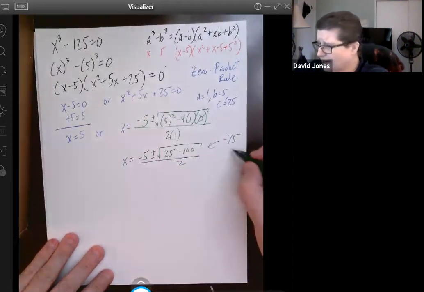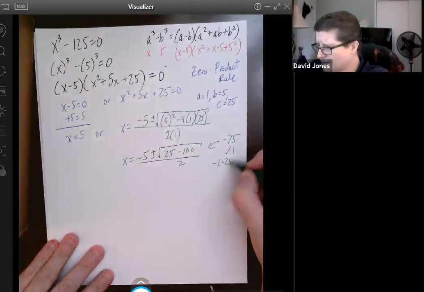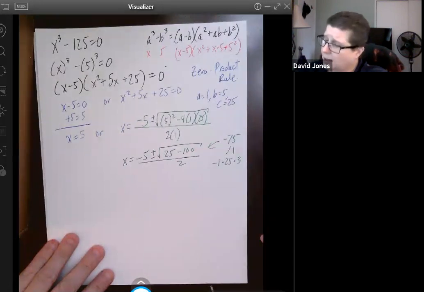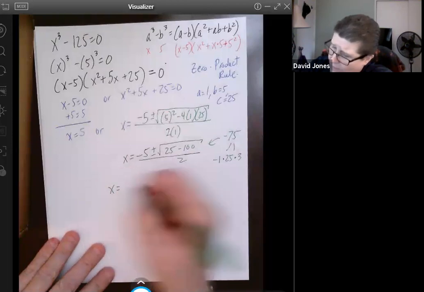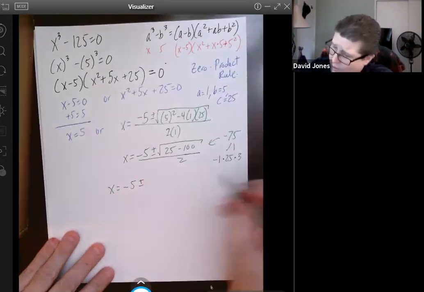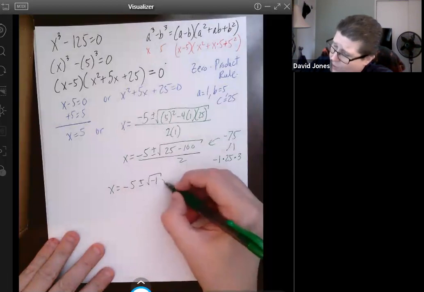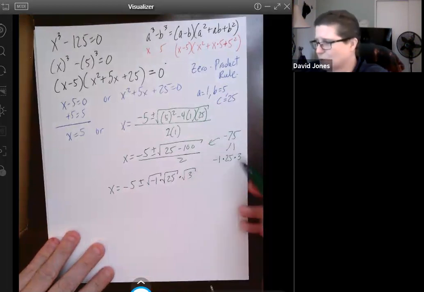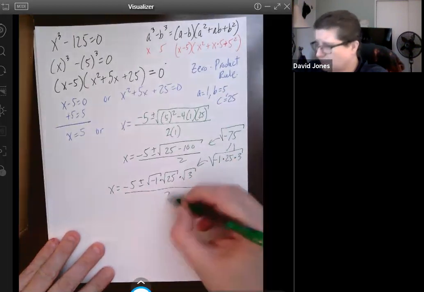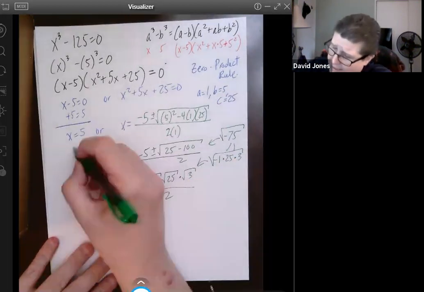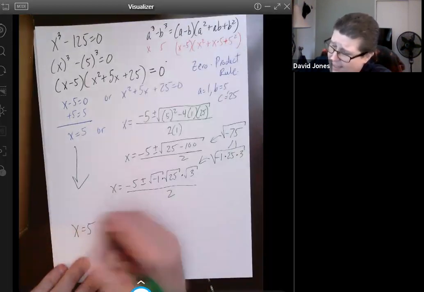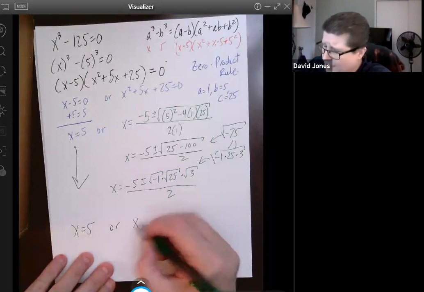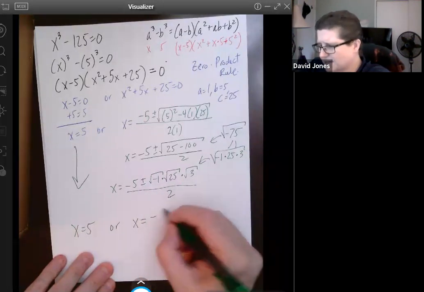And negative 75 is negative 1 times 25 times 3. Negative 5 plus or minus the square root of negative 1 times the square root of 25 times the square root of 3. I'm just breaking up the square root of negative 75 into 3 parts, all over 2. And I still have x equals 5 as an answer, or x equals negative 5 halves.